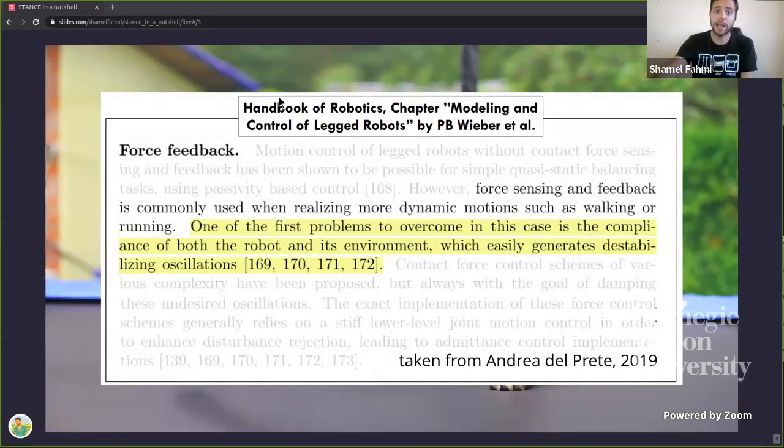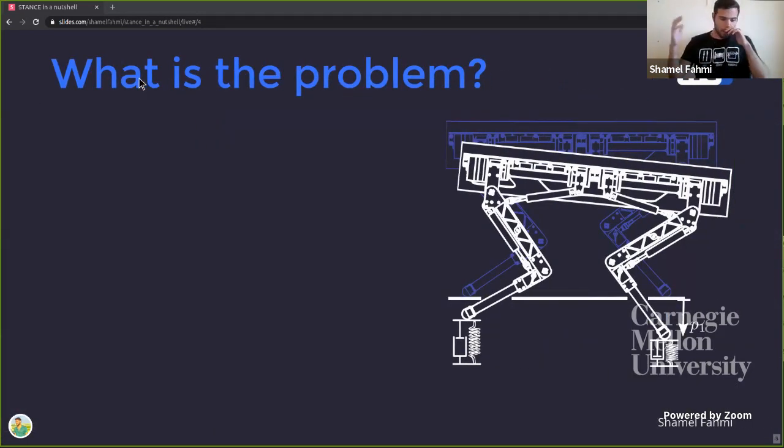This has been highlighted by the Handbook of Robotics, the chapter by Weber. It was also mentioned in one of Andrea Del Prete's talks in 2019, that the interaction between the robot and the compliant environment might not be safe, and it might cause some destabilizing oscillations.